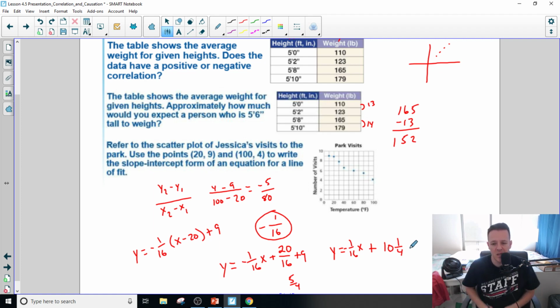Now, the reason I got 10 and 1/4 is I changed this to 5 over 4, which is basically 1 and 1/4, so 1 plus 9 is 10, and then you're left with 1/4. So there's your equation. There's how you would do that, and that would create a good line of fit. If I were to test it out and look, my intercept is up here, and if I have a 1 over 16, it looks like it would be a nice little line that would come down like that. So looks like I have a pretty good line of fit.